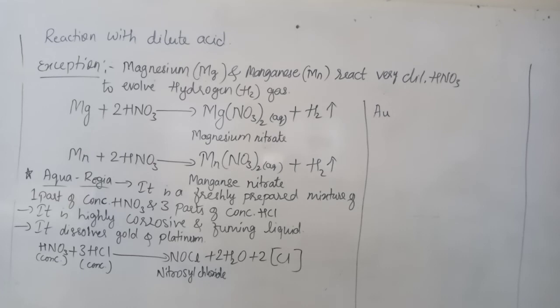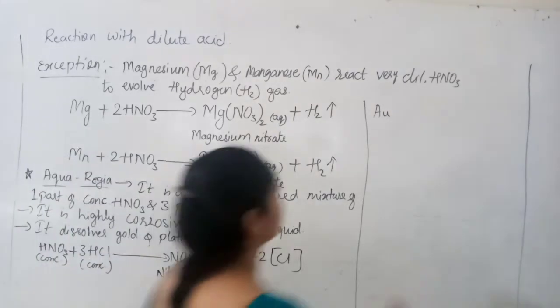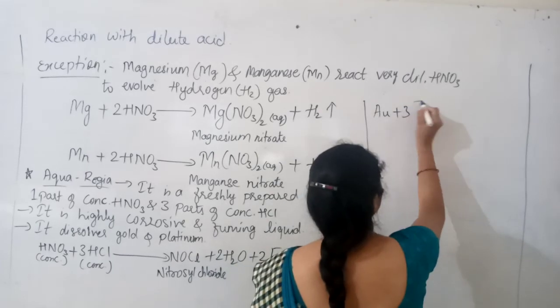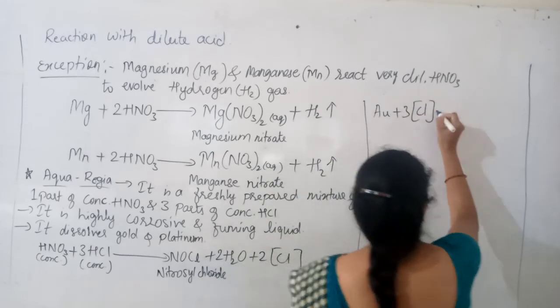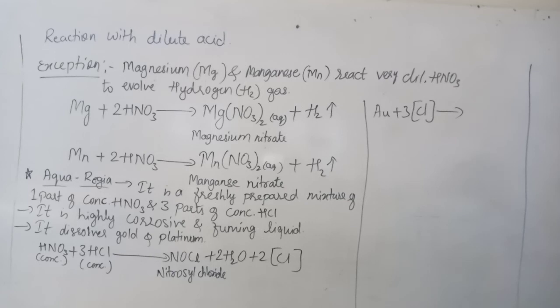Au plus 3 nascent chlorine is going to form the product AuCl3, that is gold 3 chloride.